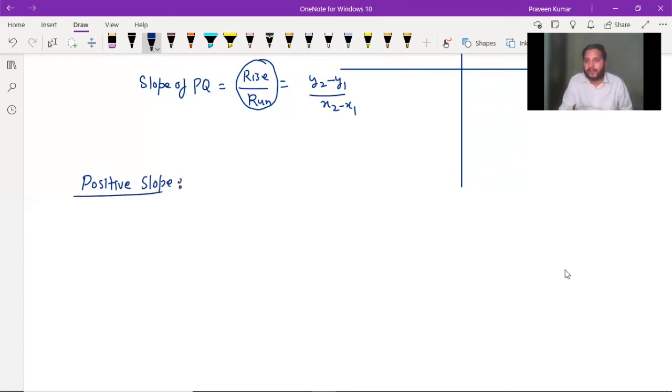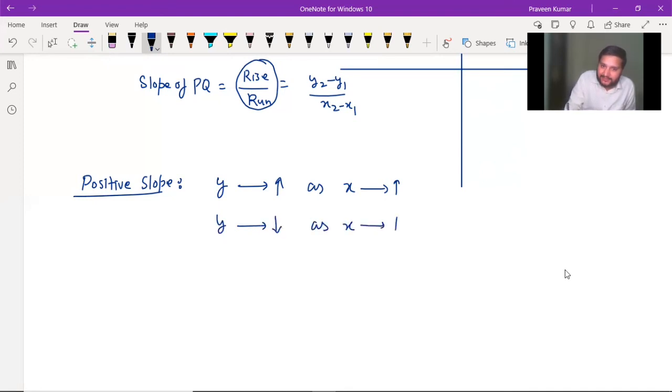If y increases as x increases, and y decreases as x decreases, we will get the positive slope.